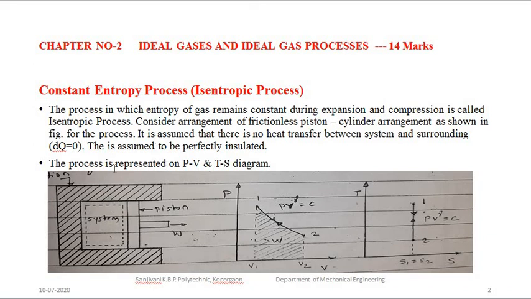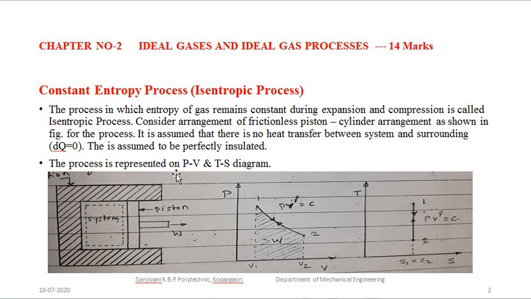Now for this analysis, we consider a frictionless piston cylinder arrangement as shown in the figure. It is assumed that there is no heat transfer between system and surrounding. Therefore dq is equal to 0 for this process. This is assumed to be a perfectly insulated system.